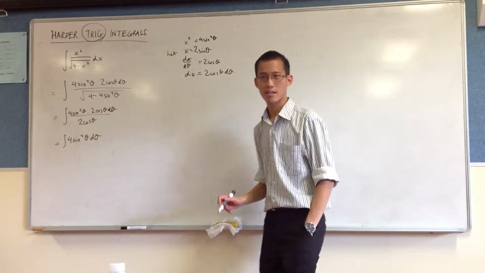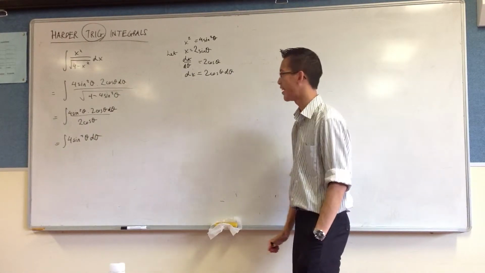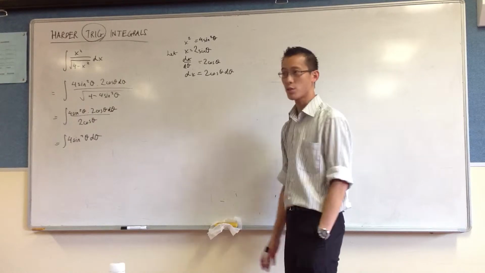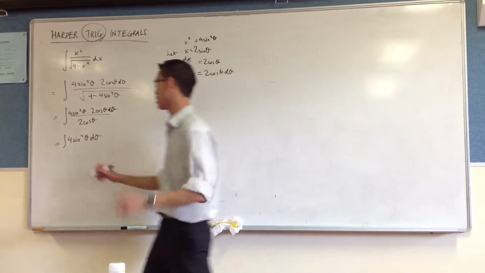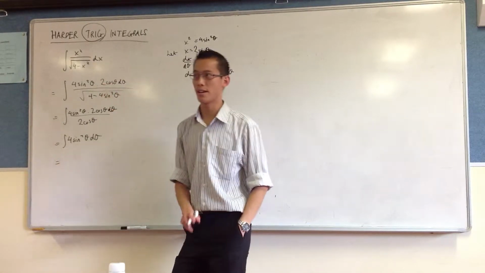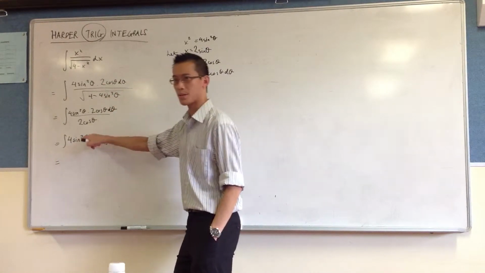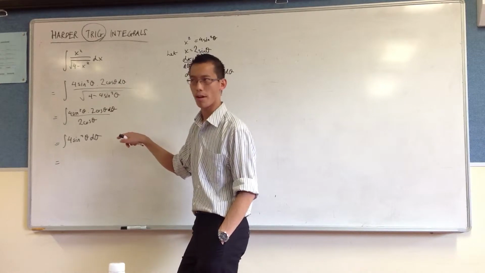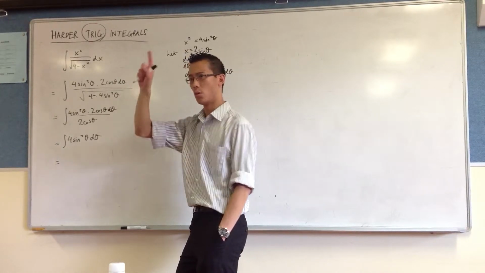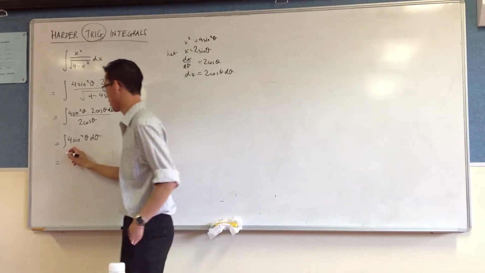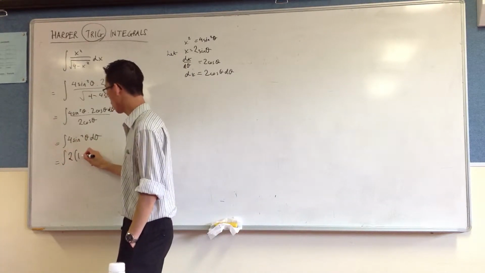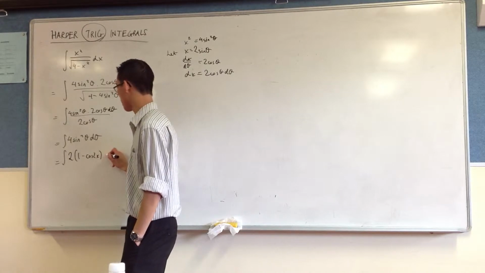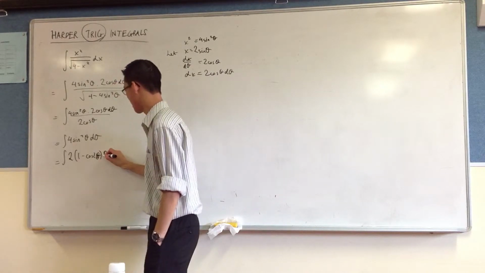And you're thinking, sweet, what do you mean this is harder than the previous one? Well, let's keep going and see what happens. Sine squared, again we've got to use our double angle formula to simplify this into something I can integrate. So this is going to be 4 times half of 1 minus cos 2 theta. So 4 times a half will be 2, 1 minus cos 2 theta, d theta.